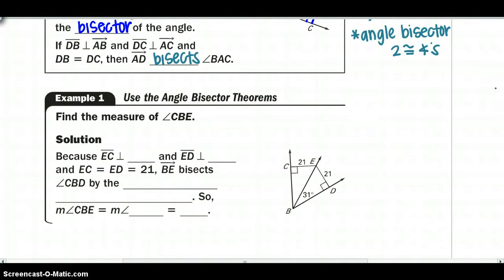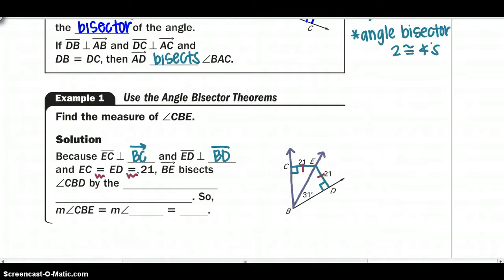So in example 1, we need to find the measure of CBE. So I'm trying to find the measure of this angle right there. Because I know that EC is perpendicular to ray BC, and I also know that ED is perpendicular to BD, and because EC and DE are both 21, I know that they are equal.